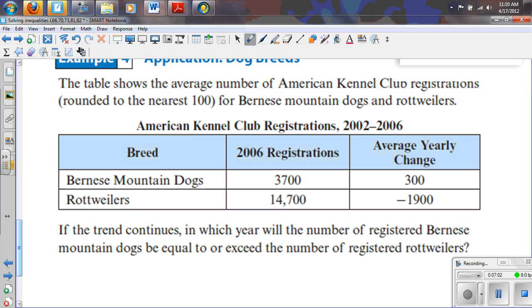Okay, so it says, if the trend continues, in which year will the number of registered Burmese Mountain Dogs be equal to or exceed, or greater than, the number of registered Rottweilers? So we need to know when the Burmese will be greater than or equal to the Rottweilers.